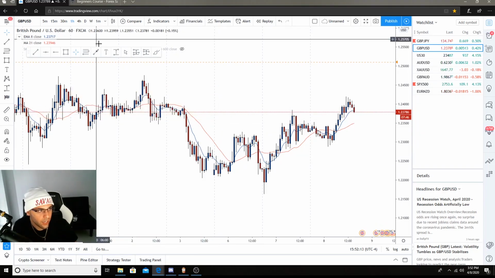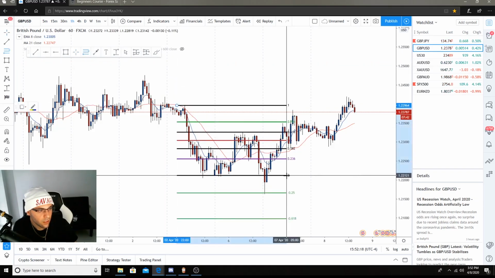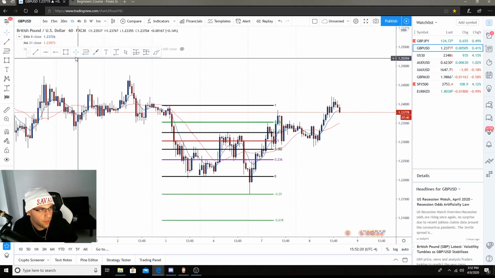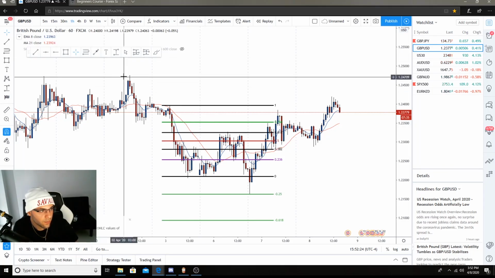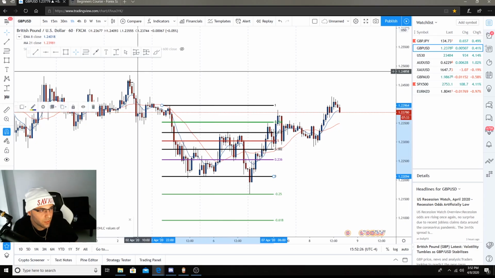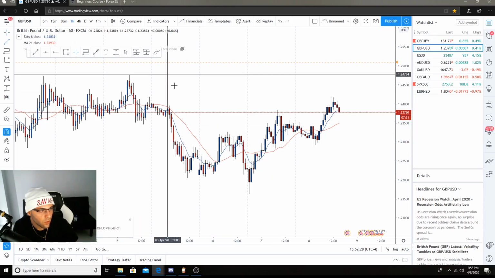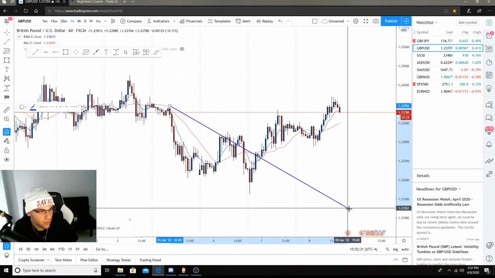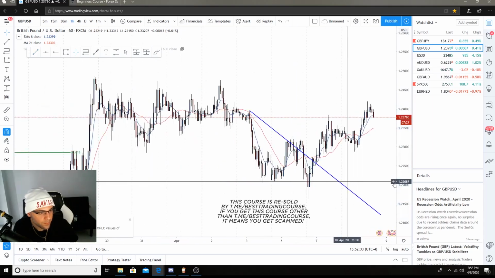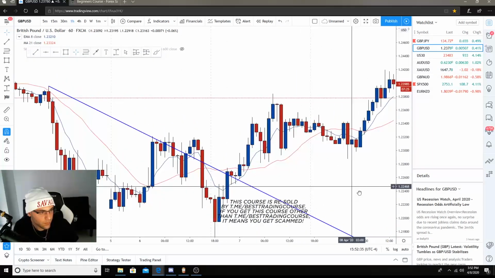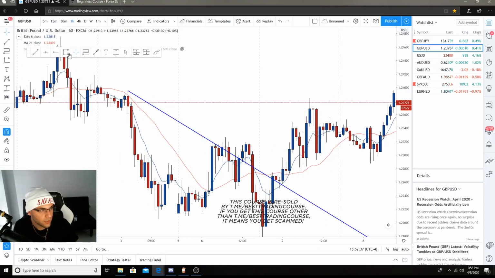Let's draw a Fibonacci retracement here and here. Then let's draw a trend line. Actually, let's delete this, I'll draw it after. Let's draw a trend line from here to, let's say, right here. Boom, perfect. Now let's draw our Fibonacci short.